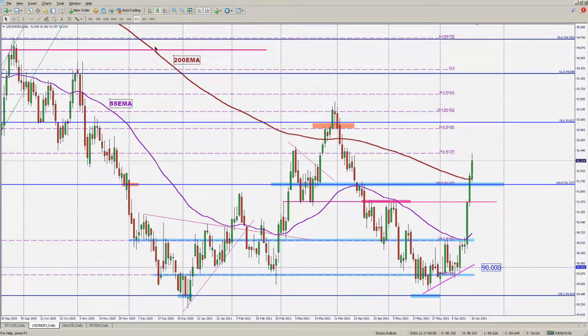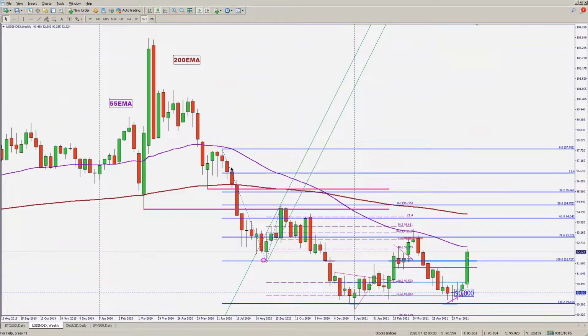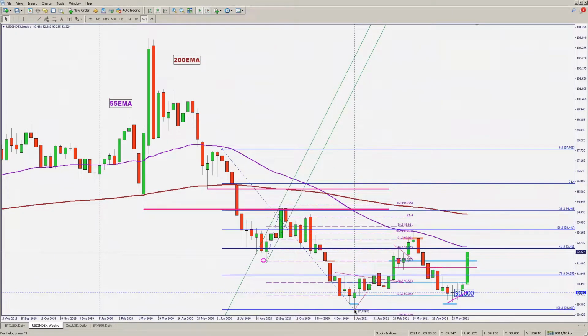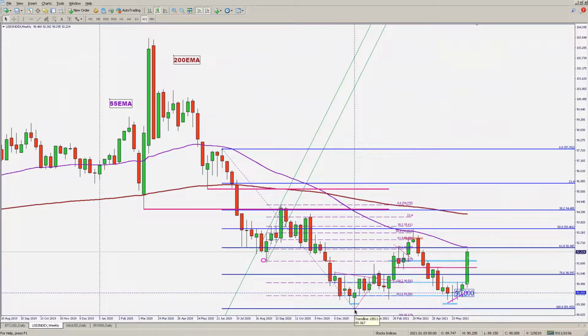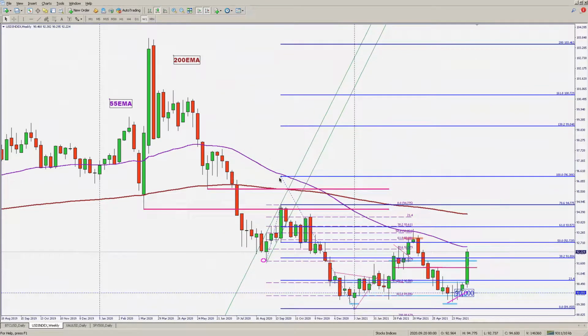Let's take a look at the weekly time frame and see this swing move down. We can actually extend it to the lows. And let's find the retracement.